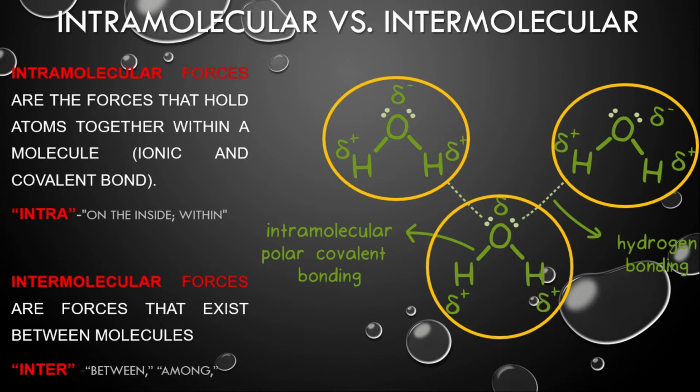Si hydrogen, isa ang kanyang valence electron. Si oxygen, 6 ang valence electron niya. They need 8. So, ibig sabihin, the hydrogen and the oxygen atoms will bond together in order to complete that 8 valence electron. So, that is what happened in this one, and also in this one.